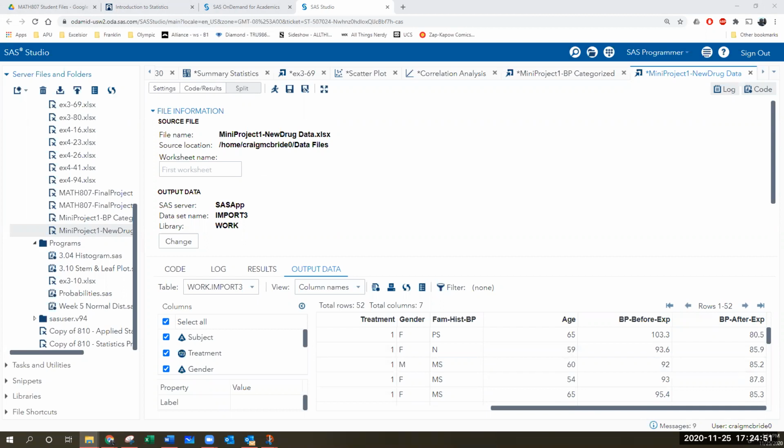So let's see, mini project. Double checking the questions here. It says generate this, find that. I thought it was at the very end, the very last one.